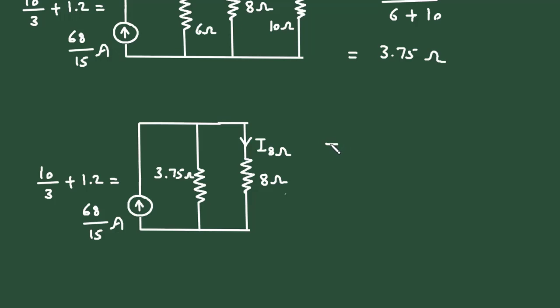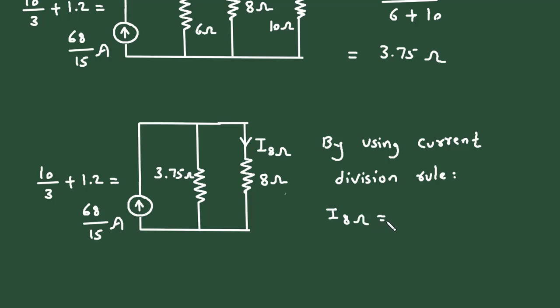So by using the current division rule, here we can write I8 ohm is equal to this current, that is 68 by 15, into the opposite branch resistance, that is 3.75, divided by 3.75 plus 8.